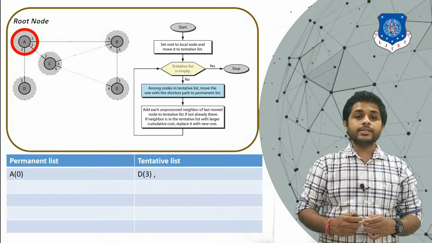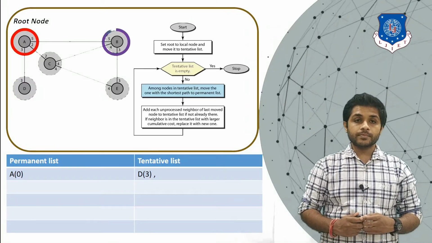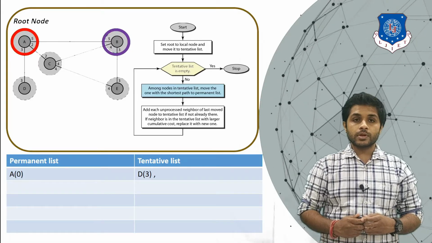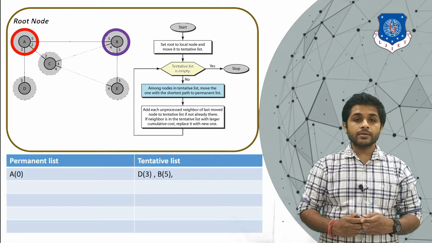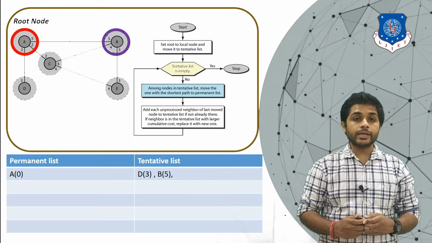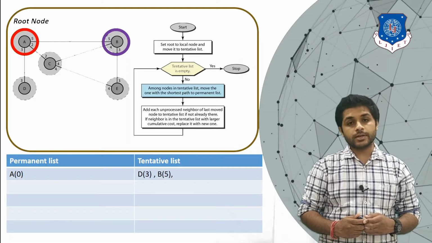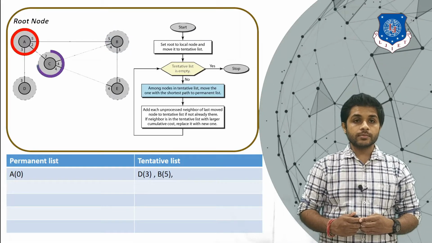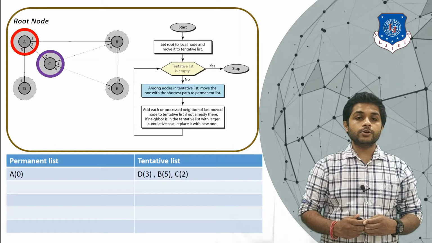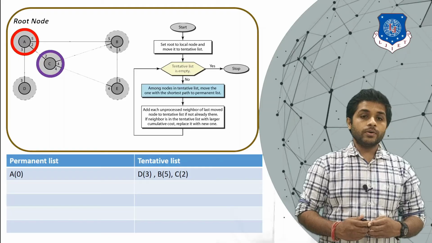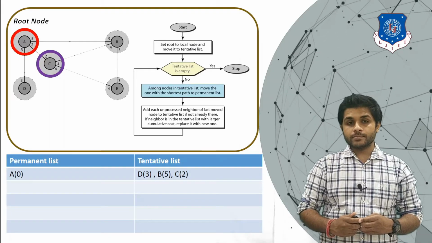The next adjacent node is B and we will add B to the tentative list. Now what will be the value in the bracket? B5, because the distance from A to B is 5, so B5 is added. And the last adjacent node, which is C, will be added into the tentative list. So the first step is completed.